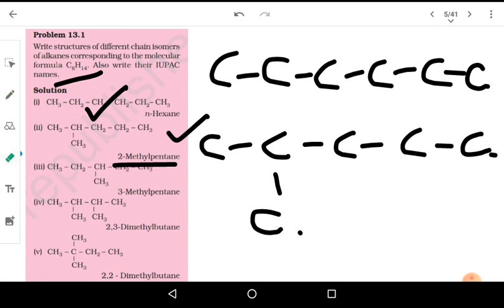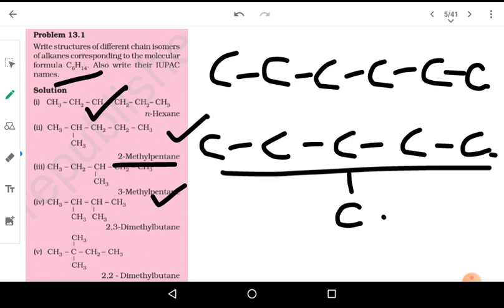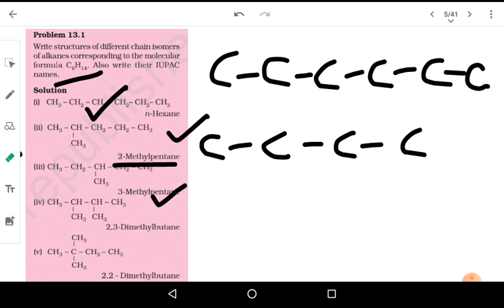Now what is the third possibility? The third possibility is we can place it at the third position. Now we are getting 3-methyl and the parent hydrocarbon is pentane, so we name it 3-methyl pentane. Now we are going to remove one more carbon from the main chain and add 2 substituents. Again, we cannot add them at the end positions.